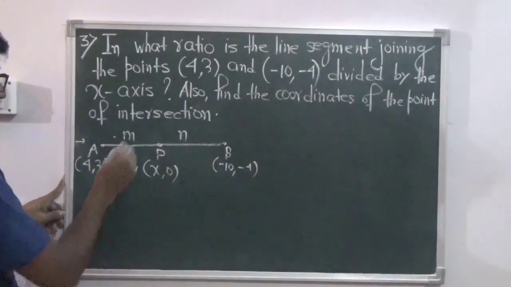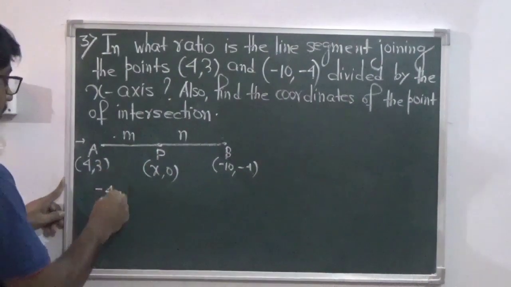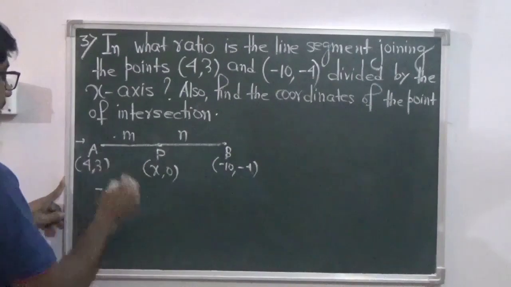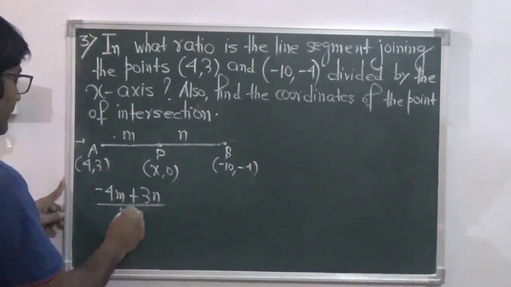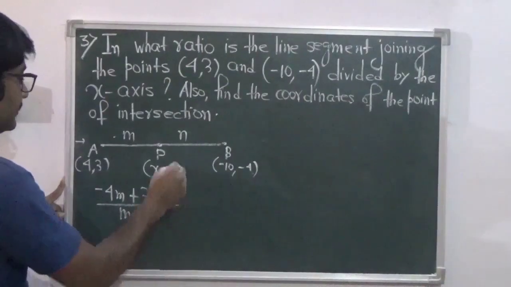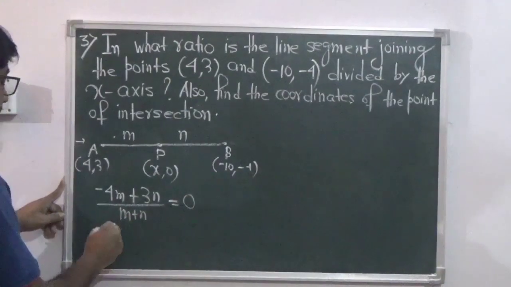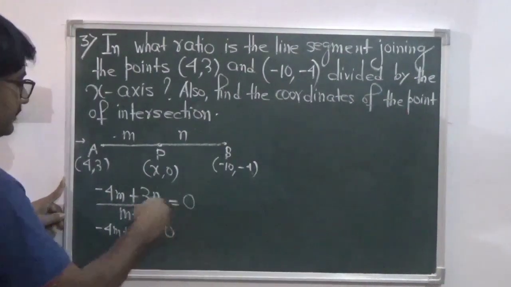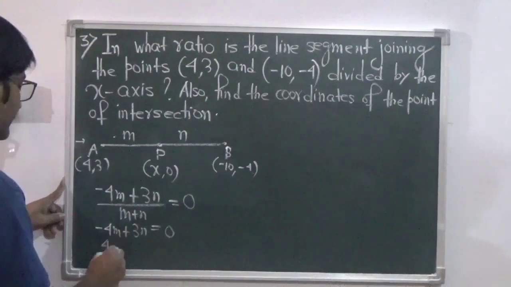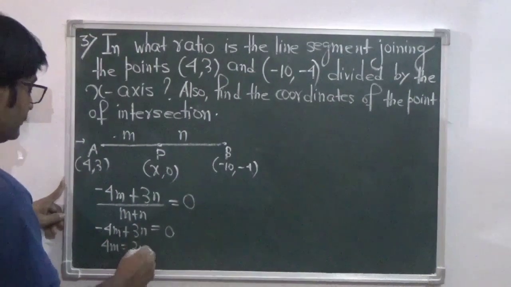So minus 4m plus 3n by m plus n is equal to 0. We have minus 4m plus 3n equals 0, because this will become 0. So 4m equals 3n.